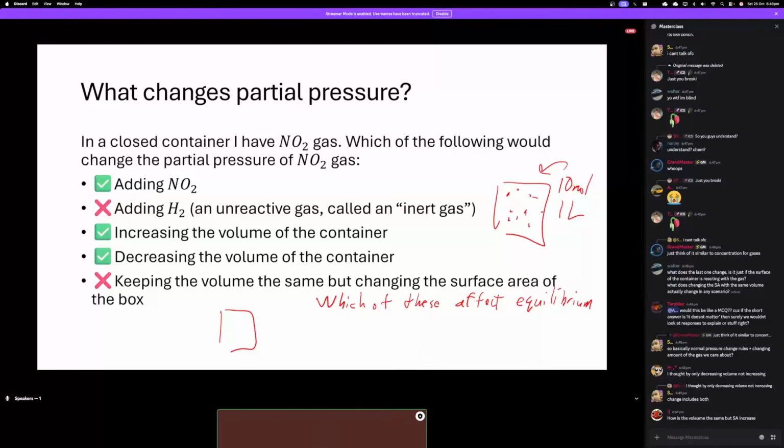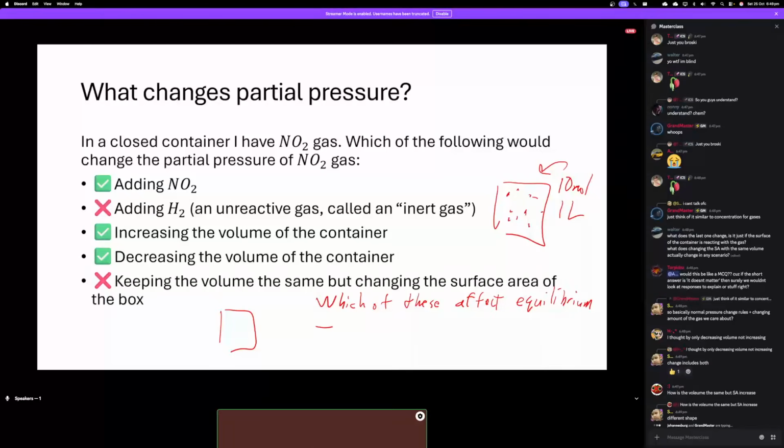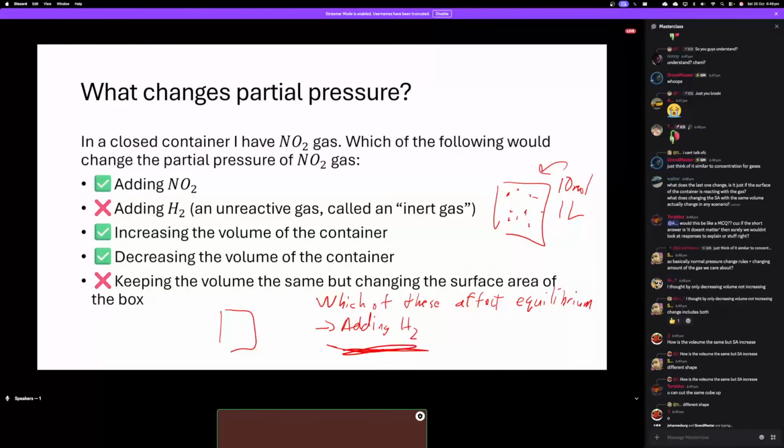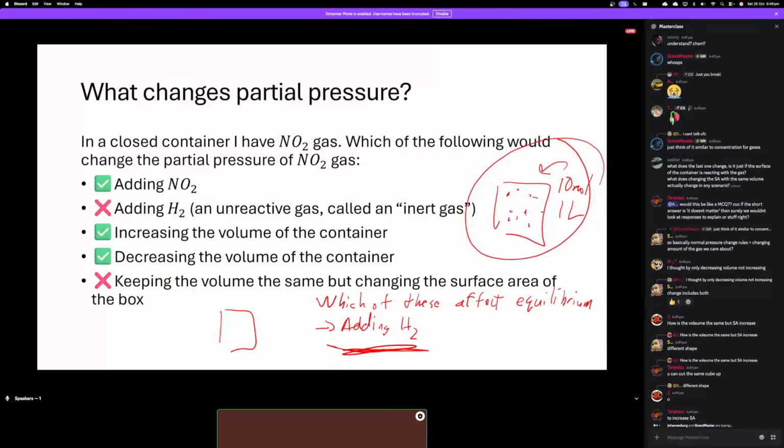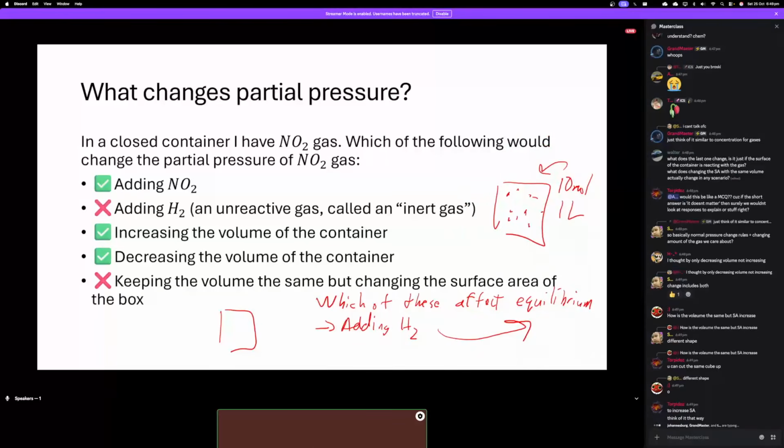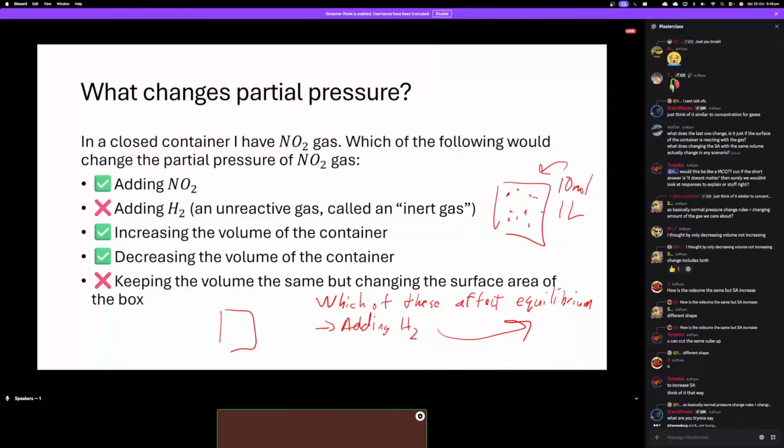And all I want to get out of this is, if they had an answer like adding H2, you know that H2, in terms of the gases, should take up space, but we do not say it affects equilibrium, right?